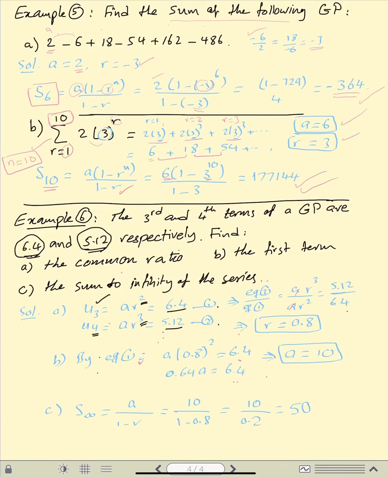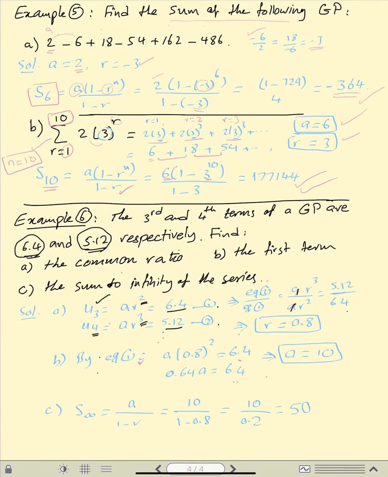We can do this in many ways, but we have fast or short ways that make it easy for us. This is the use of mathematics as well. So A R cubed, which is equation 2, divided by A R squared, A with A will be gone.